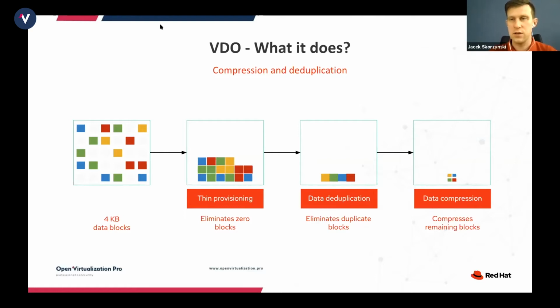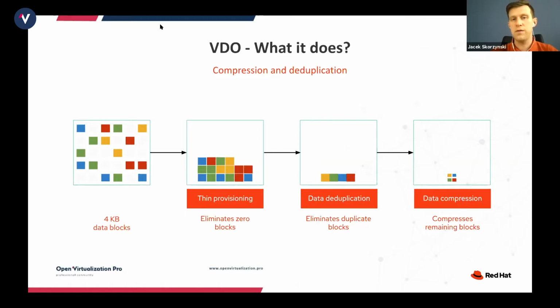This is fixed. So then having VDO, it gives us also an option for thin provisioning. So we can set up a VDO volume which will be logically or virtually much bigger than what you've got in your system.